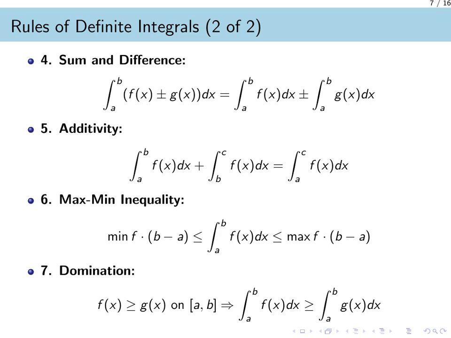Furthermore, the Max-Min inequality provides a way to estimate the value of an integral by bounding it between the minimum and maximum values of the function multiplied by the interval width. Lastly, if one function is always greater than another, its integral will also be larger. These properties are essential tools for breaking down and estimating integrals.